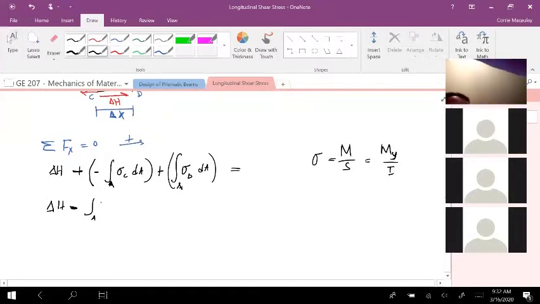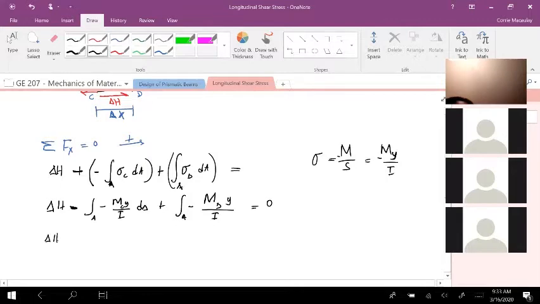So sigma is negative My over I. So therefore, this negative My over I dA plus the integral of dA negative M, I should call this MC, and call this MD, Y over I. And equate that to 0.